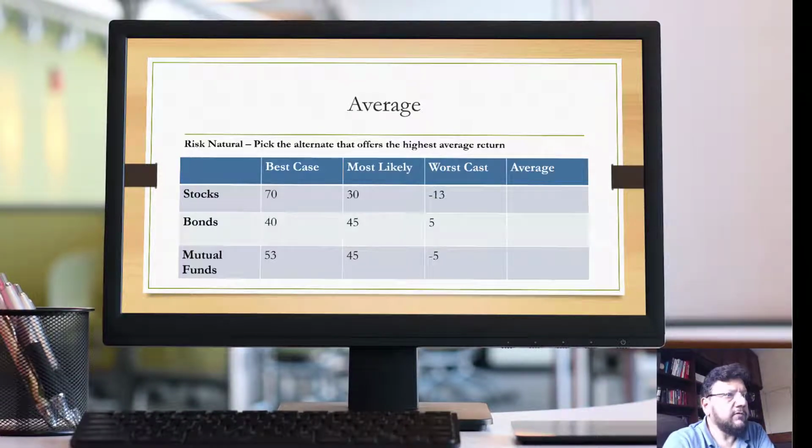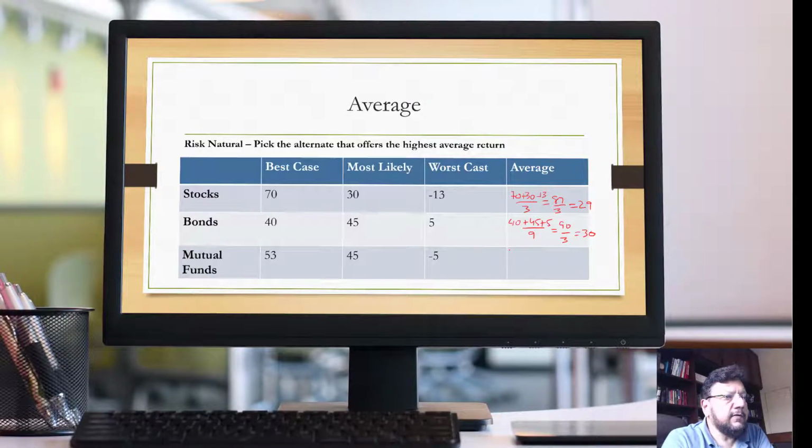So the average of all these returns would be 70 plus 30 minus 13 divided by 3, so that's 57 over 3, and that gives us 29. In this case it's 40 plus 45 plus 5, that gives us 90, and the average comes out to be 30.